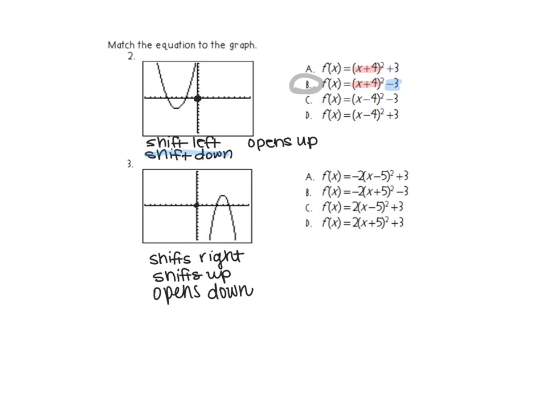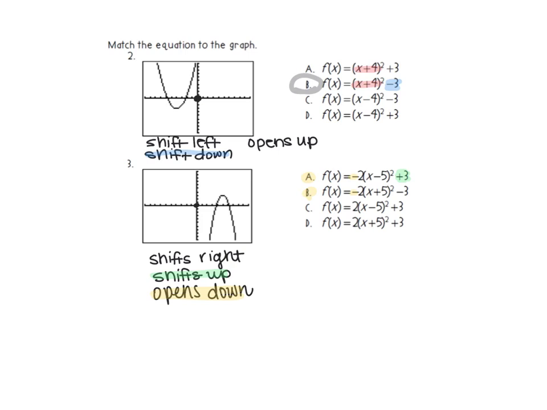Again, sometimes it's hard to tell skinny and wide, so I'm just going to leave that for now. I'm going to start with this opens down. If it opens down, I know my A value has to be negative, and so right now my options are A or B. If it shifts up, I know that K needs to be positive, so that would be the +3.